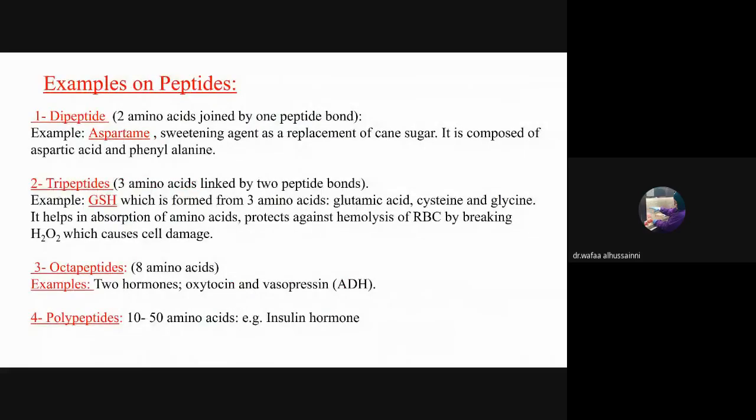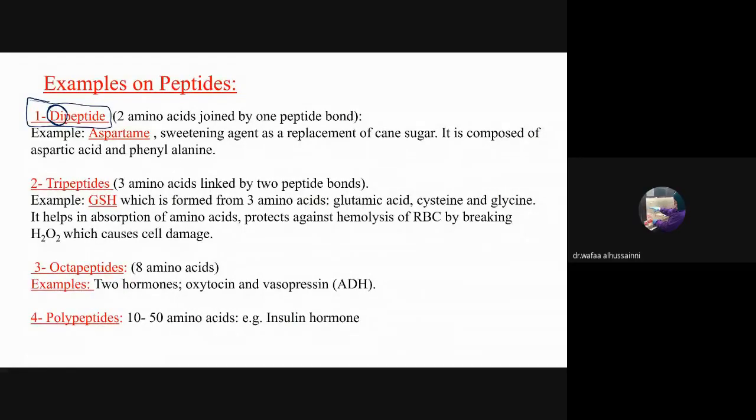So we're talking about peptides. We said peptides are a group of amino acids linked together. But how many amino acids define the type of peptide that we see? For example, we have a dipeptide, and from its name, di means what? Two.